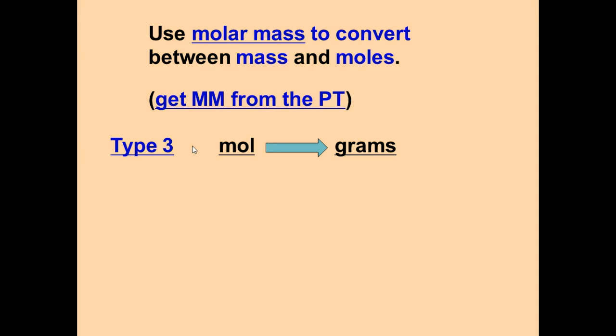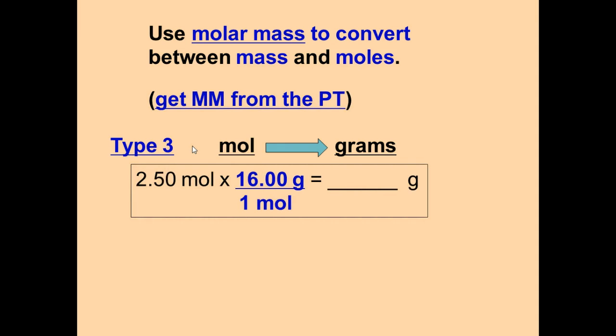So we learned how to convert from moles to atoms and atoms to moles, but now we're converting moles to grams and grams to moles, back and forth. And so this would be an example of a type 3 problem. So we have 2.5 moles, and we want to figure out how many grams there are if the molar mass is 16 grams per mole.